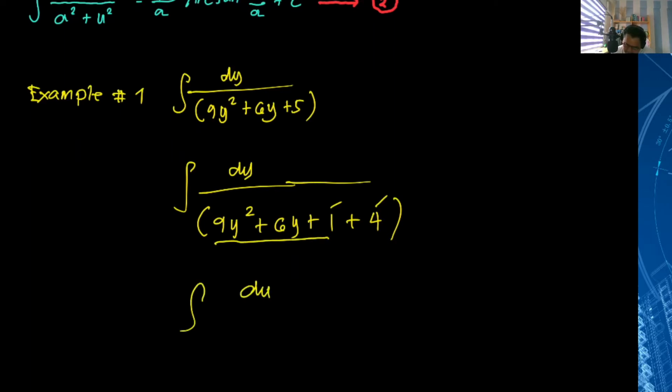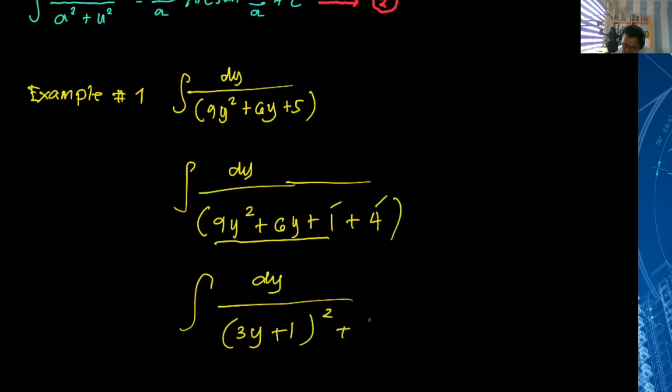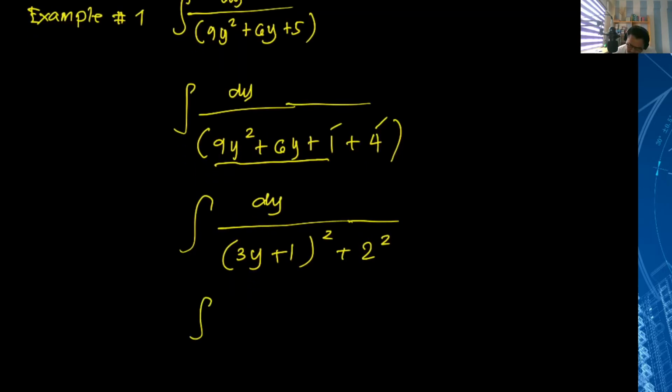Simplify further. This becomes 3y plus 1 squared plus the square root of 4, which is 2, so 2 squared, equals 4. If I may interchange that, this is 2 squared plus 3y plus 1 squared.